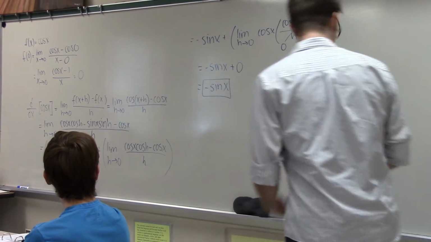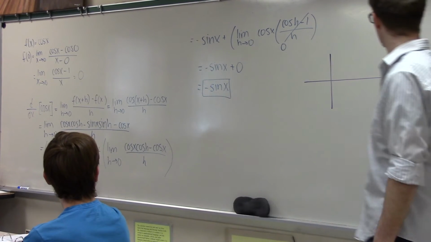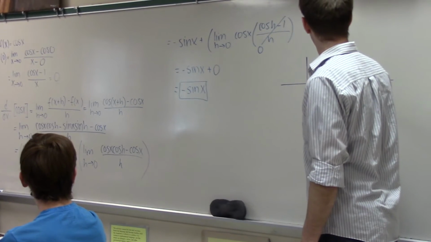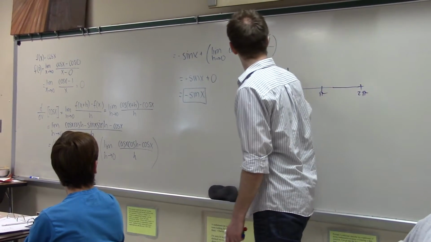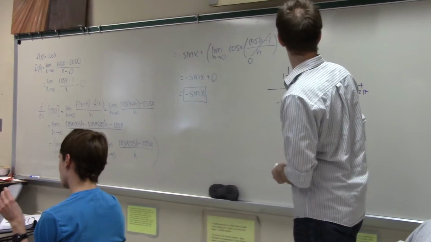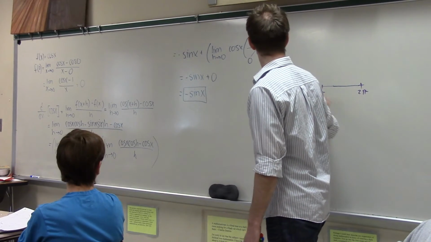But of course, we could do this the same way we did it in class, which is to conjecture what we think the derivative should be. So we have like 1, -1. What does cosine look like? Cosine has this shape.